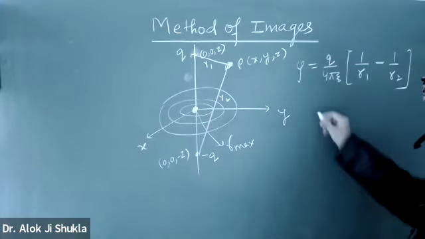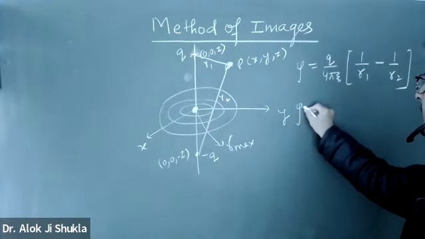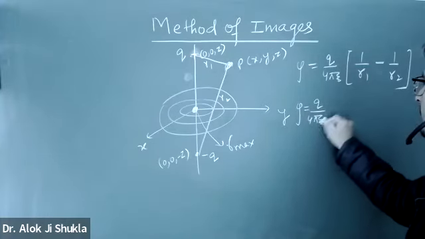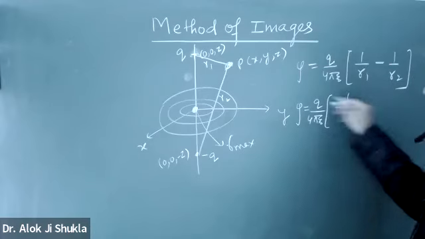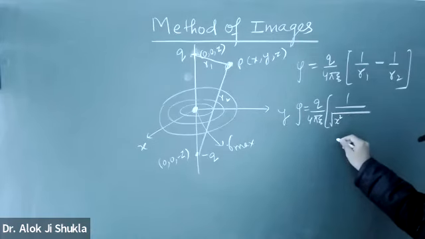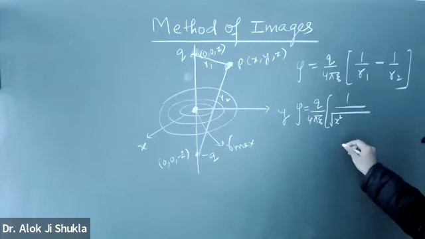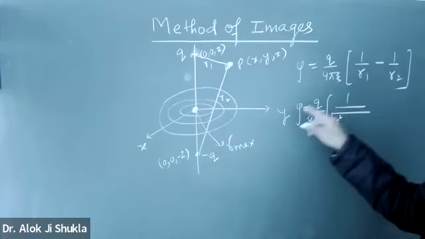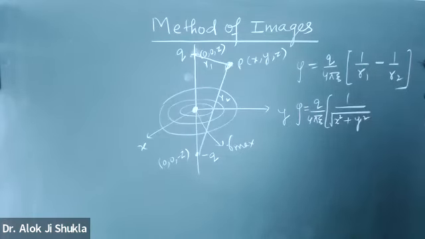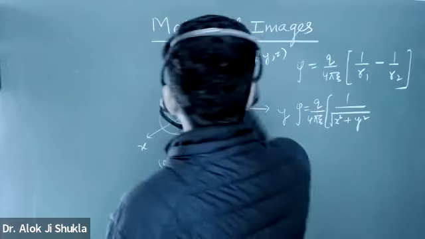So phi will be equal to q by 4 pi epsilon naught into 1 by r1, where r1 is under root of (x minus 0) square plus (y minus 0) square plus (z minus d) whole square. Sir, shall I take 0?